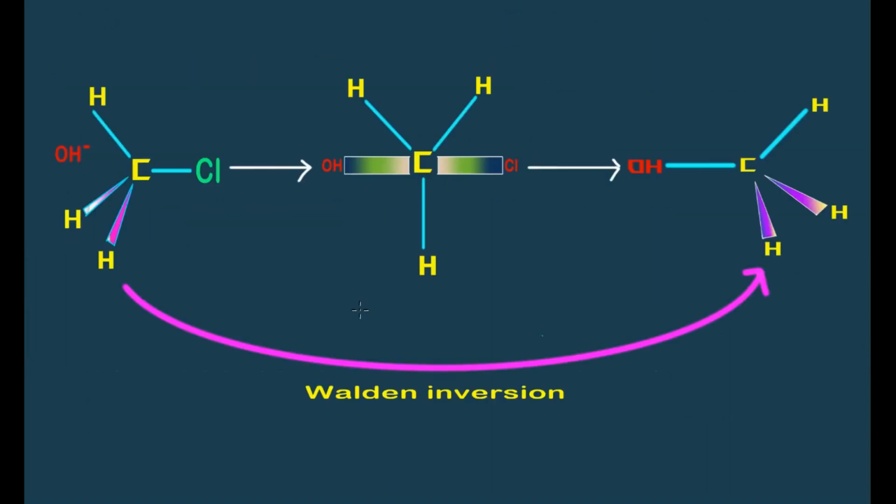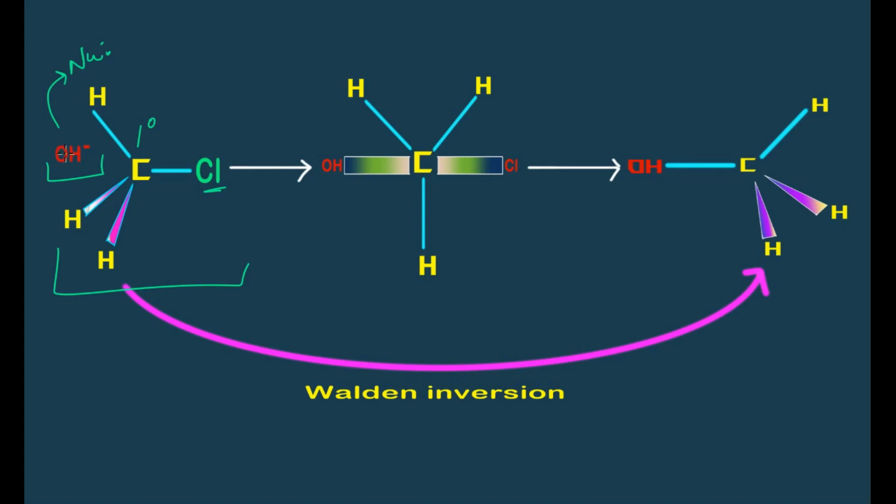First, our reactant is an alkyl halide, in this case methyl chloride. Now OH here is behaving like a nucleophile. What is a nucleophile? A nucleophile is any species which has the ability to donate electrons, or any species which is electron rich in nature.